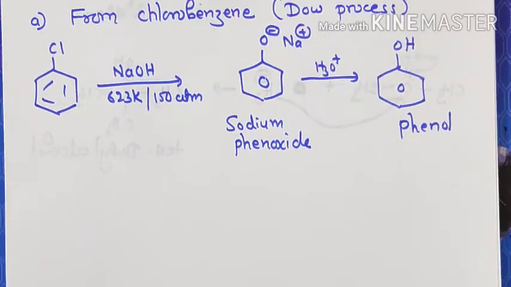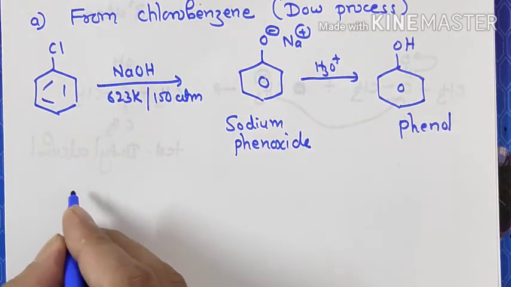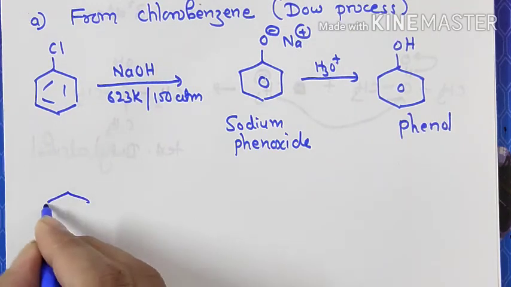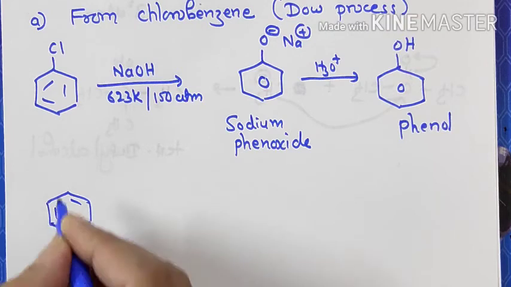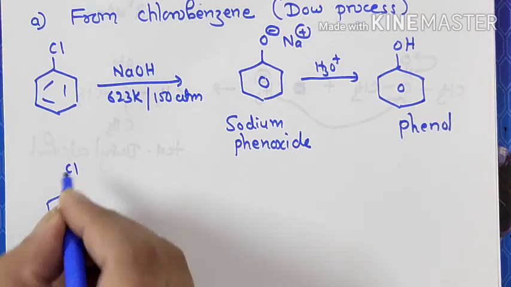So this is how we'll get phenol, right? But now we have to understand actually how this reaction takes place. Okay, the actual mechanism. Let's see. We have chlorobenzene, student.